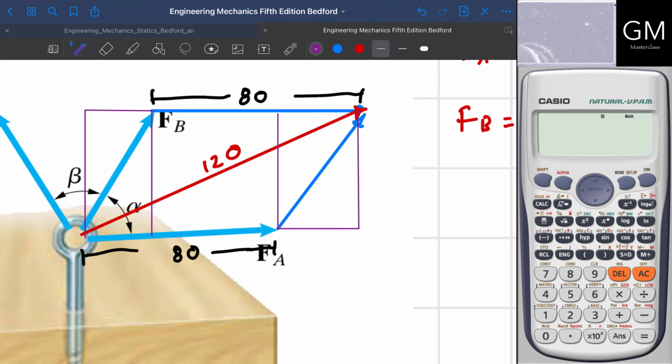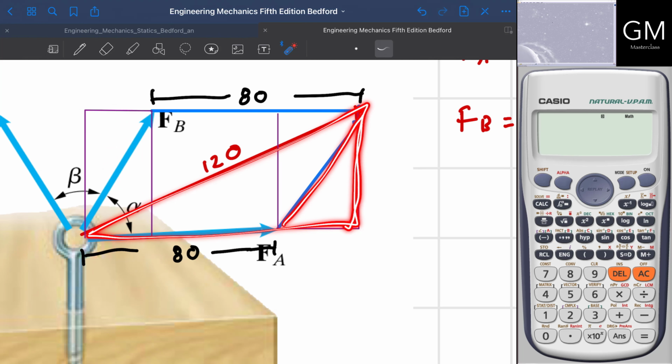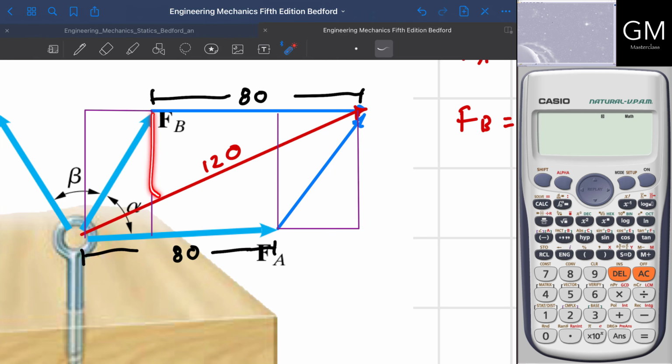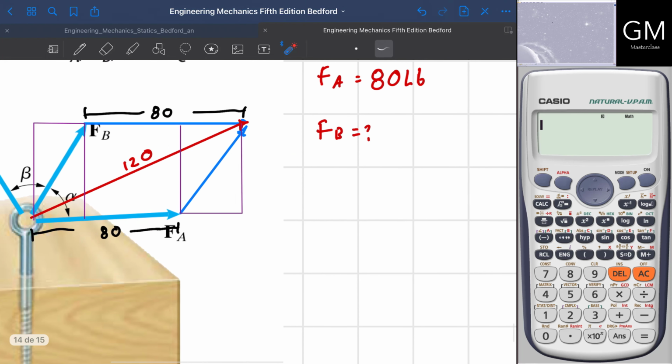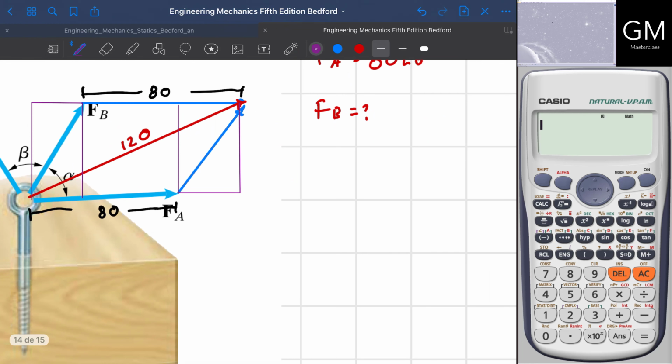Here I have a triangle, here I have another triangle, another, another, and here I have another. There are a lot of triangles right here, and those are the ones that are going to help me solve the exercise.